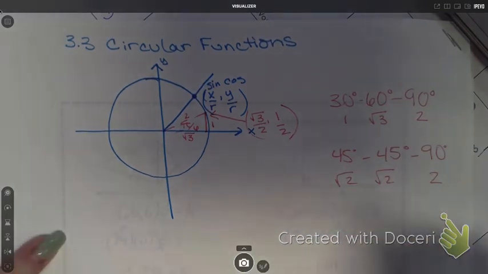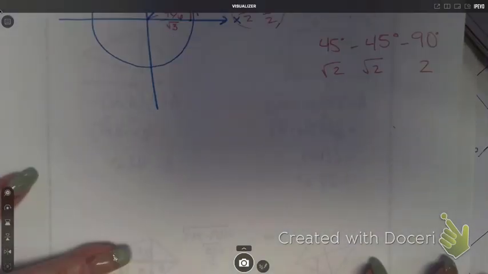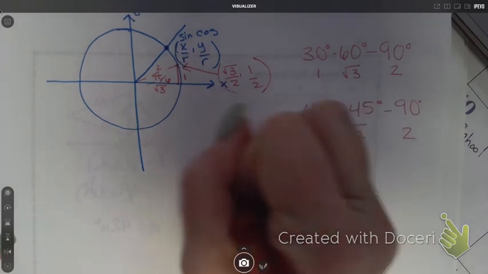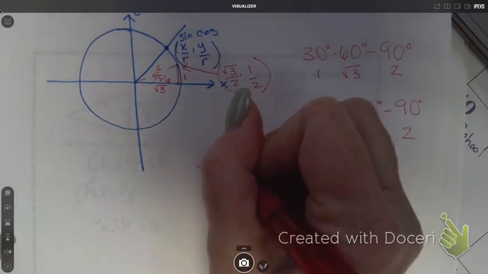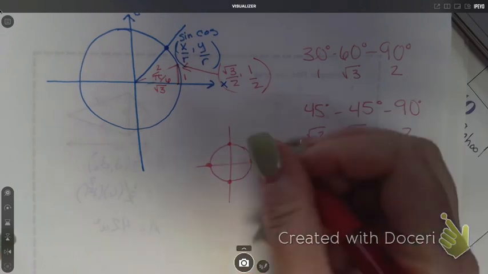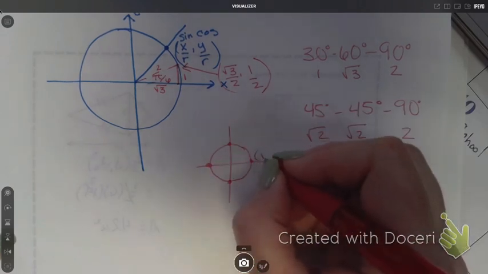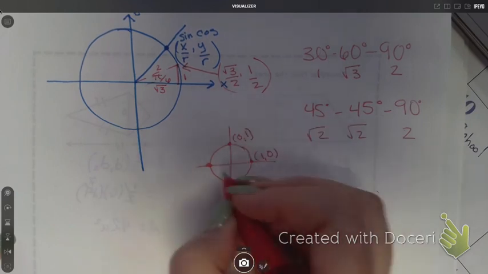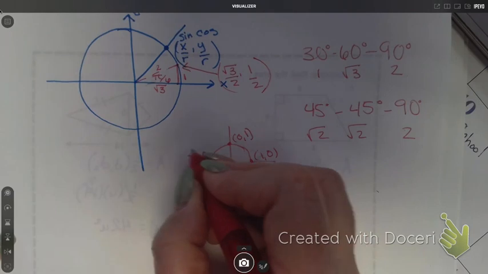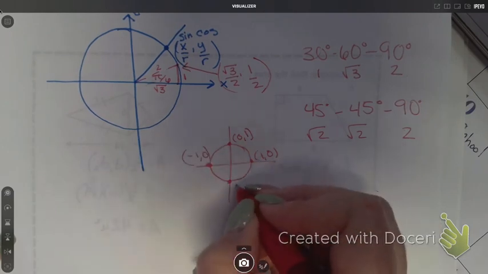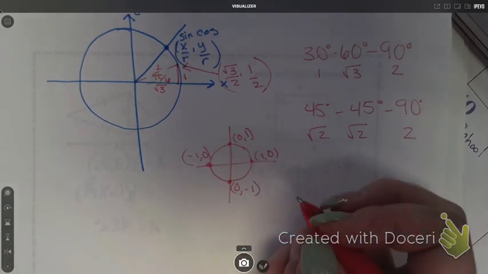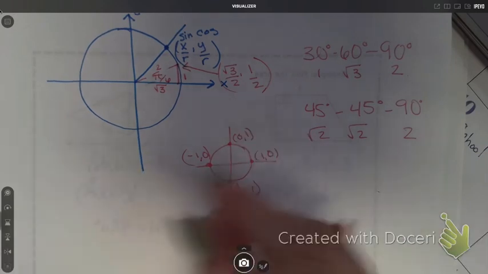And then your quadrantals. So what are your points? 1, 0, 0, 1, -1, 0, 0, -1. And then you need to know in which quadrant things are positive and negative, right? Yeah. Okay. So that's what I want you to be using.